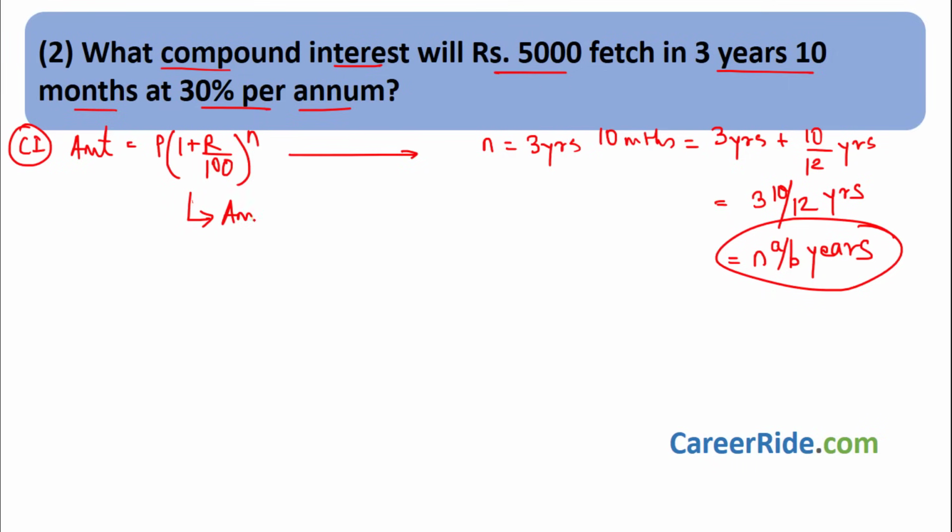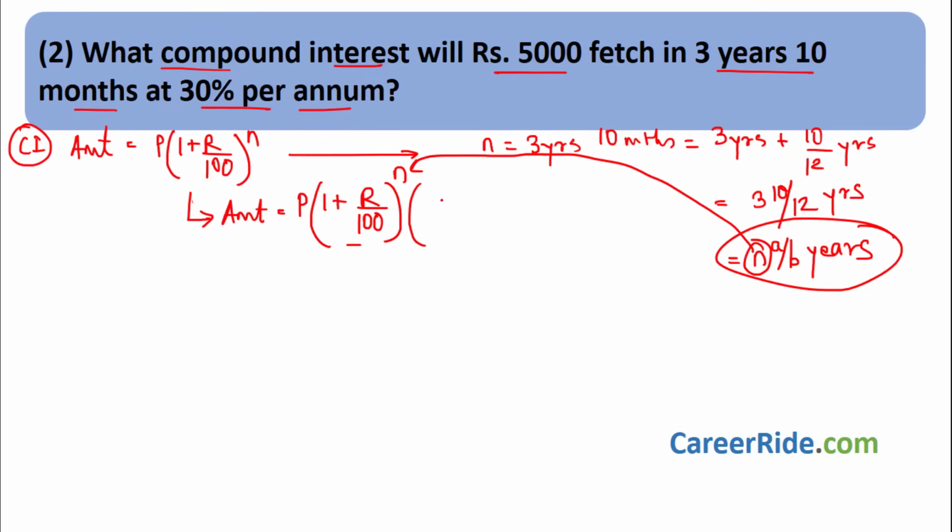First write down the formula as it is: (1 + r/100) raised to n. So this n has already come over here. Now add an extra element. What is the extra element? Just write again this bracket, 1 + r/100.